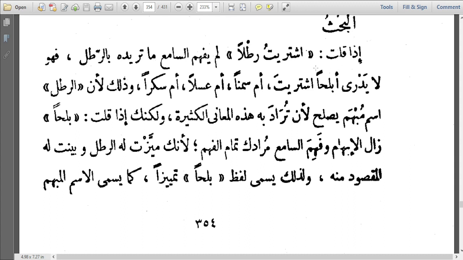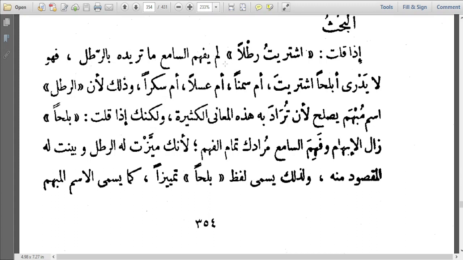It says, إذا قلت اشتريت رطلا أو اشتريت رطلا لم يفهم السامع ما تريده بالرطل أو بالرطل، فهو لا يدري أبلحا اشتريت أم سمنا أم عسلا أم سكرا.